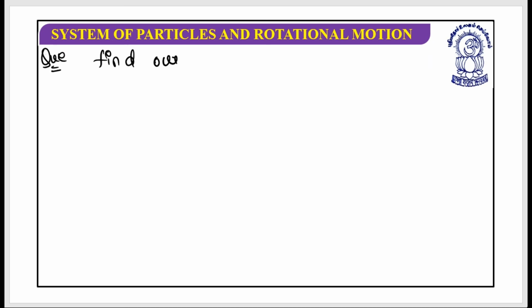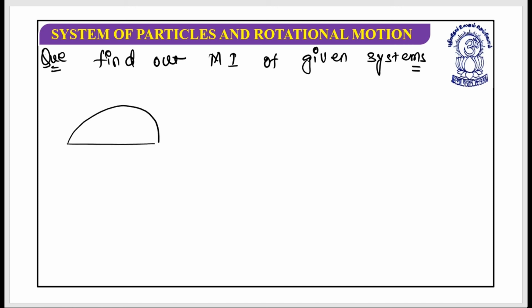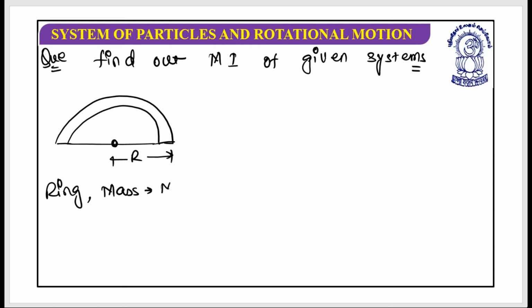Find out the moment of inertia of the given systems. Let's suppose this is a ring having mass m and radius r.